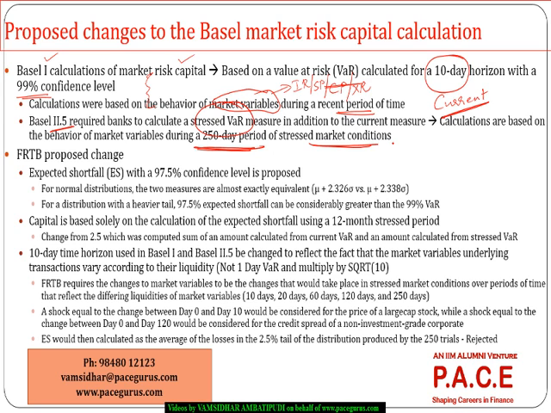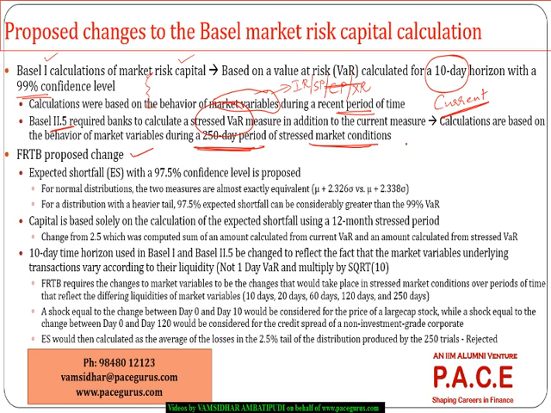It suggested that both the regular VAR and the stressed VAR need to be combined for computation of the market risk capital. This is where the FRTB has come out with a few changes.